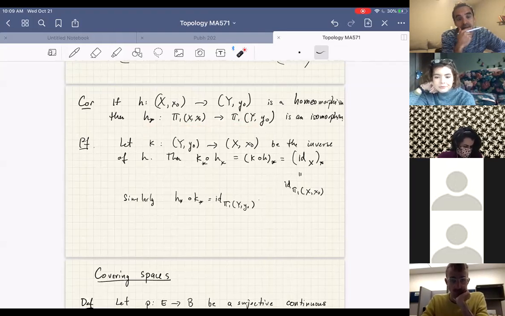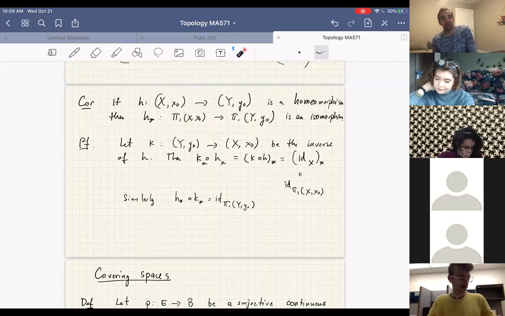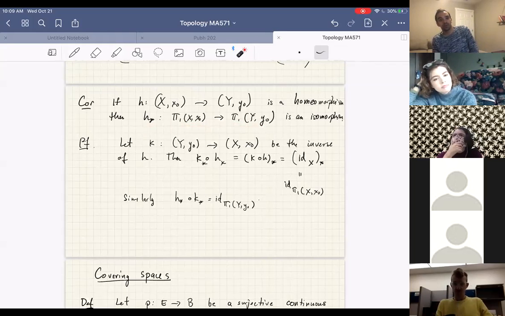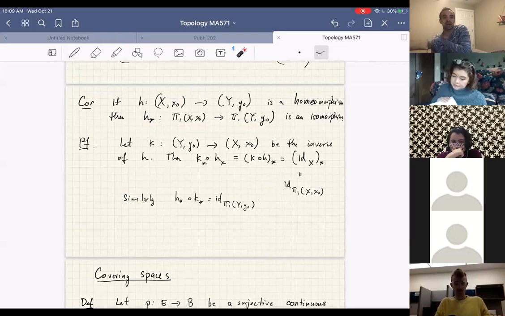So in fact, the fundamental group is a topological invariant, right? Homeomorphism induces an isomorphism. So any two homeomorphic spaces have isomorphic fundamental groups.